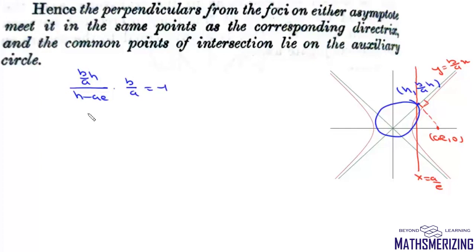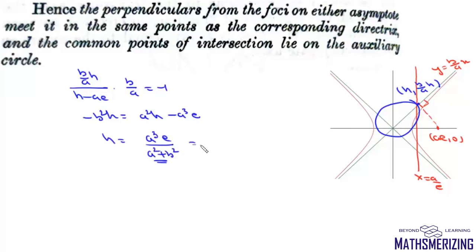So we'll get this result as minus b square h equals a square h minus a cube e. So we can write this h as a cube e upon a square plus b square.